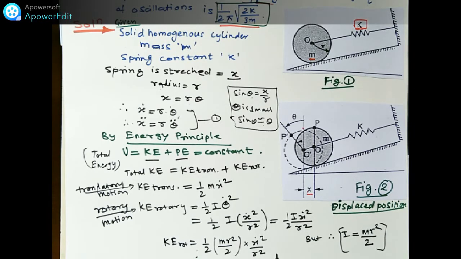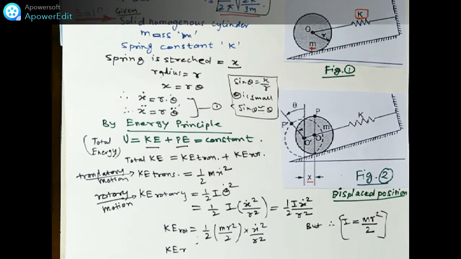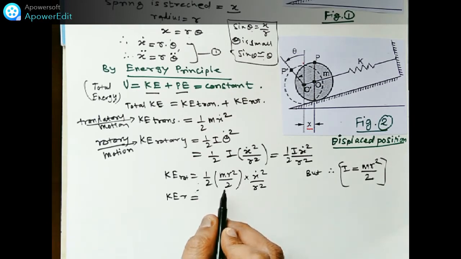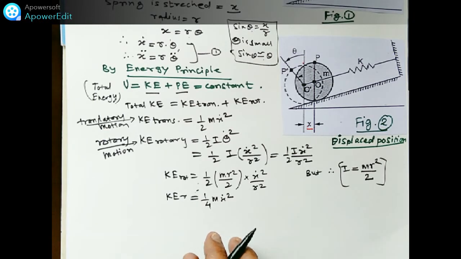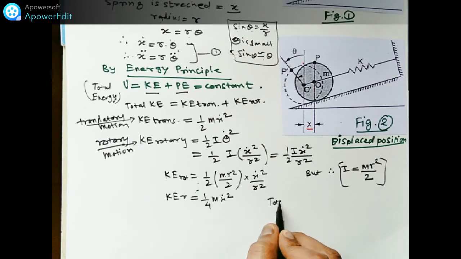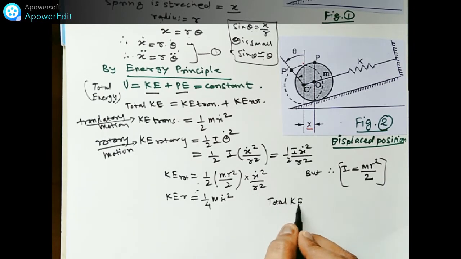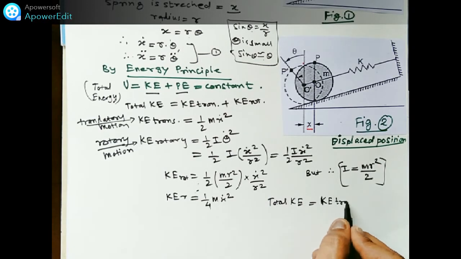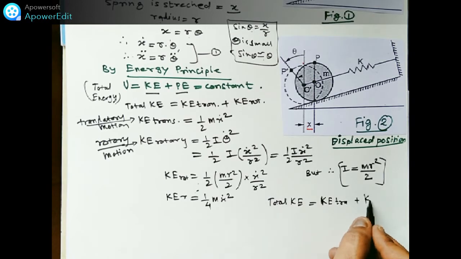So what will remain? KE rotational is 1 by 4 m x dot square. Total KE becomes KE translational plus KE rotary.